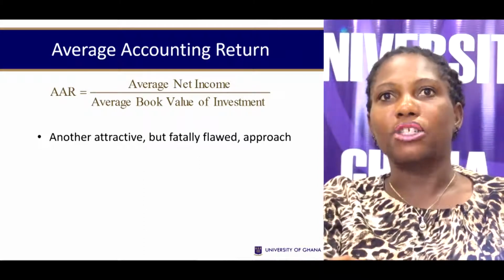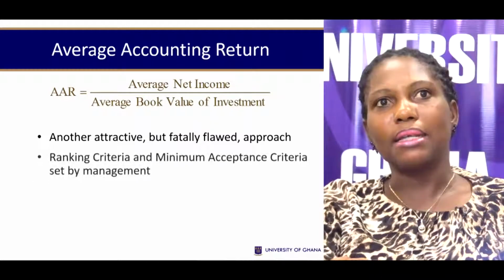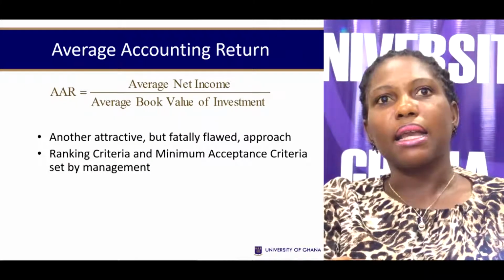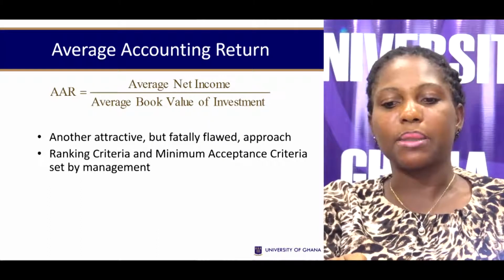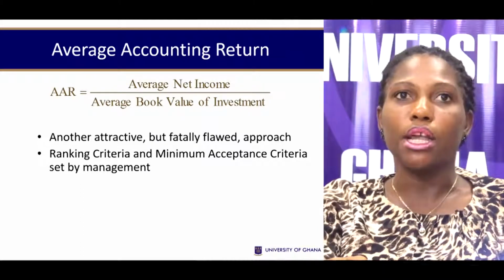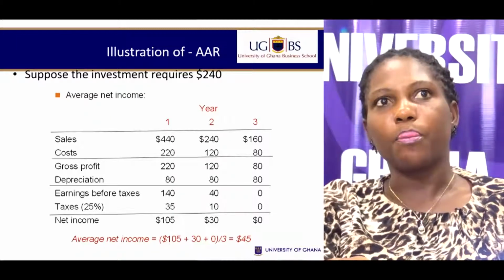Now, it is quite attractive, but it is also fatally flawed. Why is that? Its ranking criteria and minimum acceptable criteria are normally set by management, and this is quite arbitrary. Now, let's look at an example.